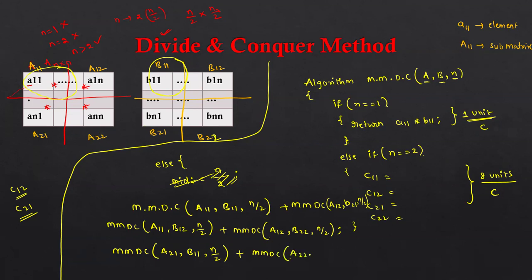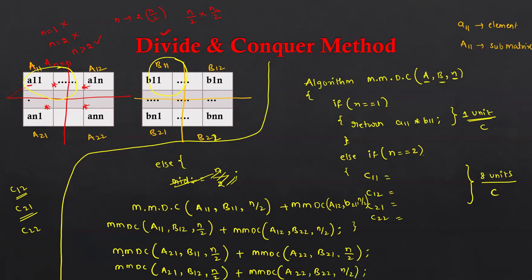A22 is multiplying with B21 and whose size is n by 2. Next, matrix multiplication divide and conquer method, I need to know the C22 submatrix. This row, this column. So A21 comma B12 whose size is n by 2, plus matrix multiplication of divide and conquer method of A22 comma B22 and whose size is n by 2.